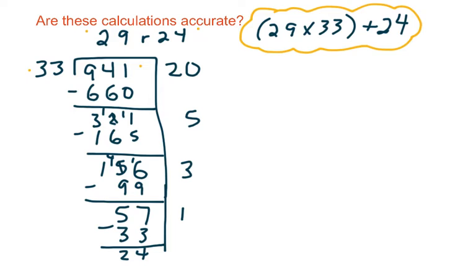I'm going to multiply my quotient 29 by my divisor 33, and then when I get that product, I'm going to add my remainder 24. So here we go. Start with 29 times 33 and work from there. Let me know what you find out.